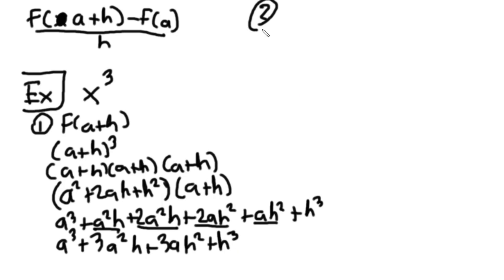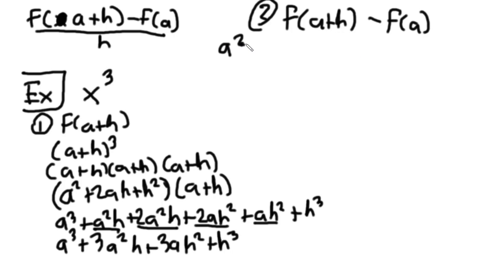Step 2 says to take your f of a plus h and subtract f of a from it. So that's going to be my answer from step 1, which is a cubed plus 3a squared h plus 3ah squared plus h cubed, minus my original function, which was x cubed, but with a plugged in.